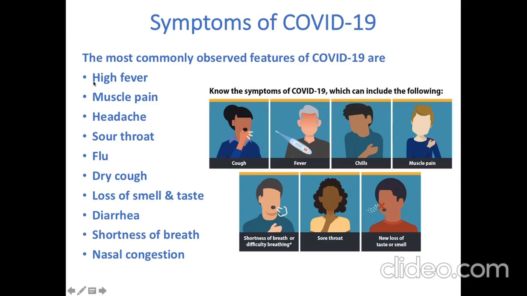For example, some patients will experience high fever, muscle pain and dry cough, while some patients will experience only high fever, runny nose, dry cough, loss of taste and smell. So different patients exhibit different signs and symptoms.